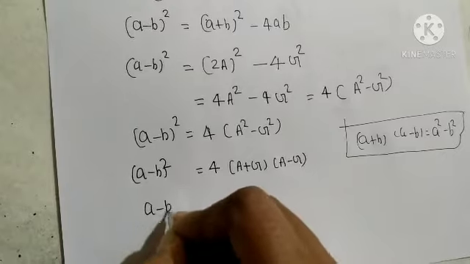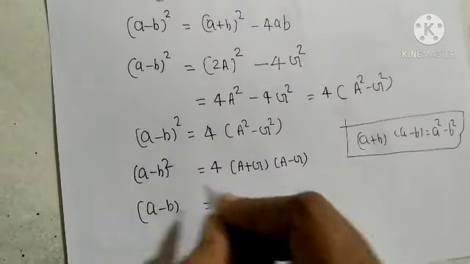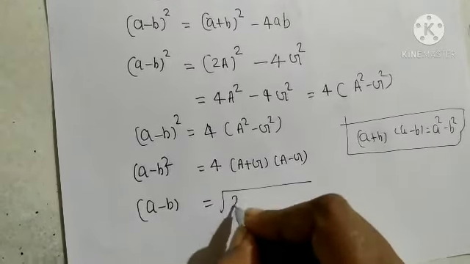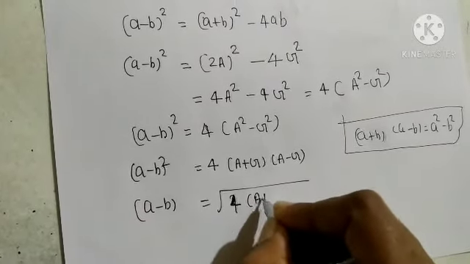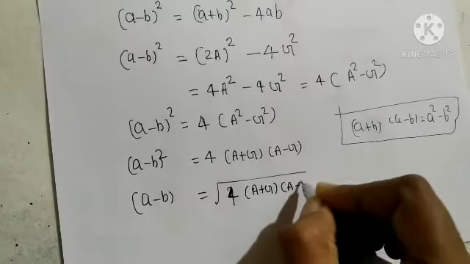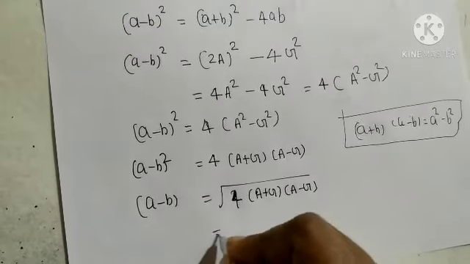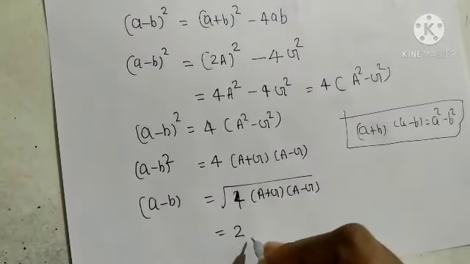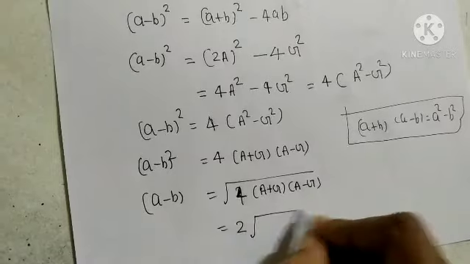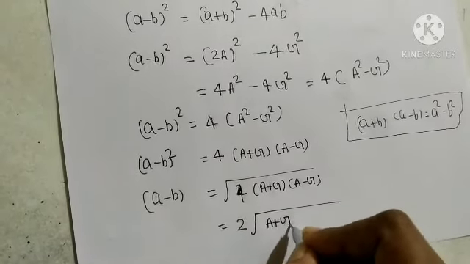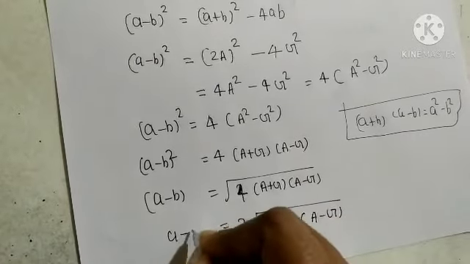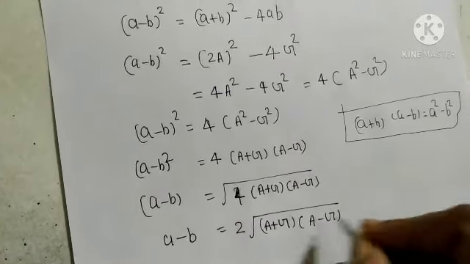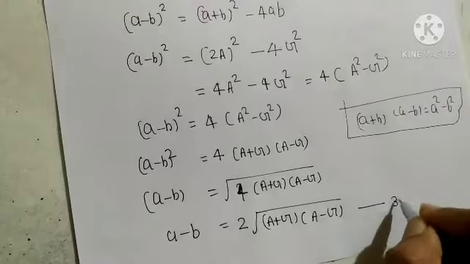From this, a minus b will become root of 4 into (A plus G)(A minus G), and we know that root 4 is 2, so we get 2 root of (A plus G)(A minus G) is equal to a minus b. Let us name it as equation number 3.